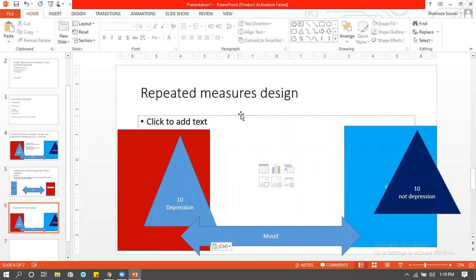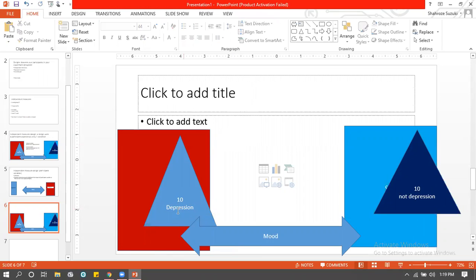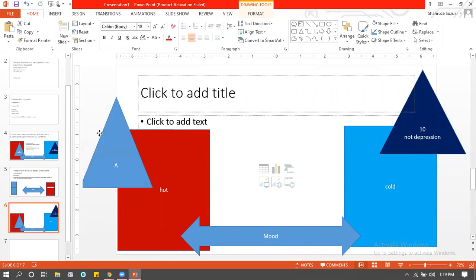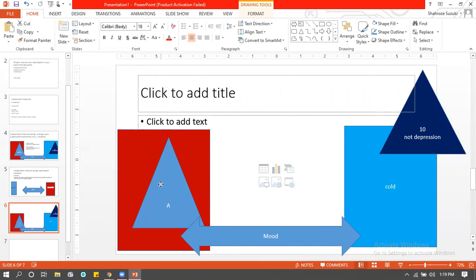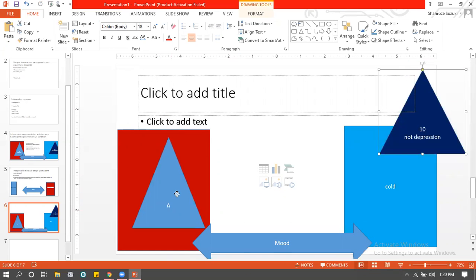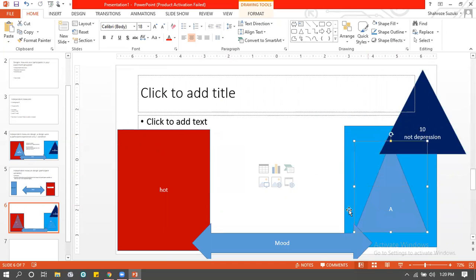But in repeated measures design, participant A would spend some time here. We will record his mood, and then participant A would spend some time there and we record his mood.